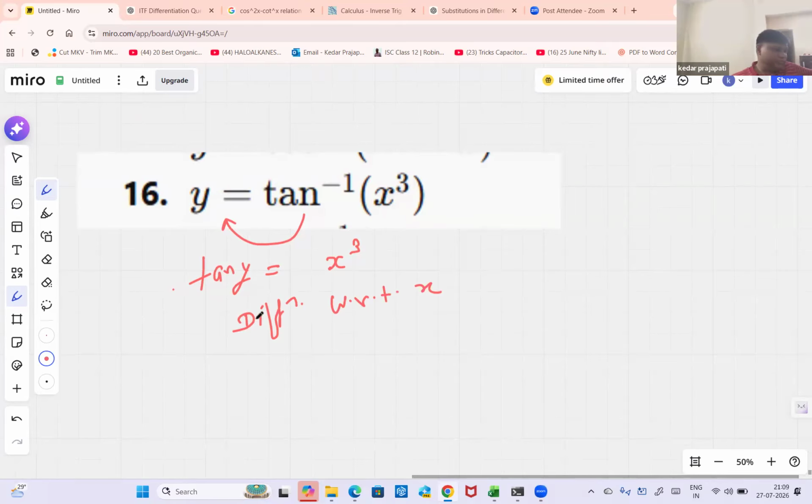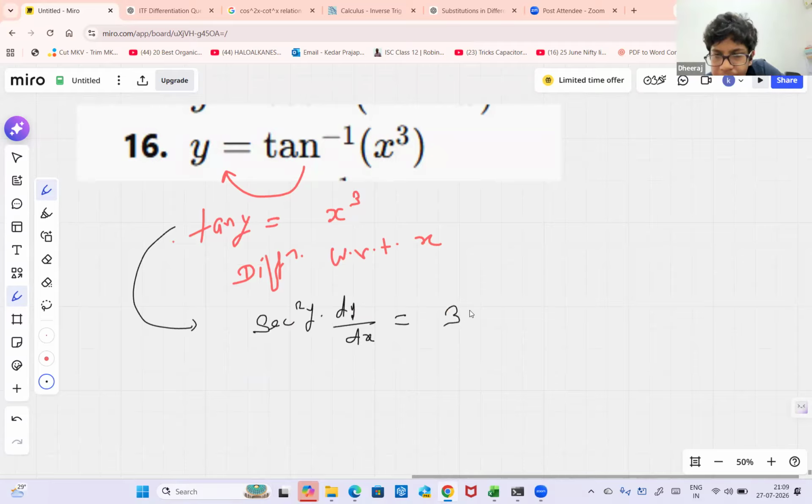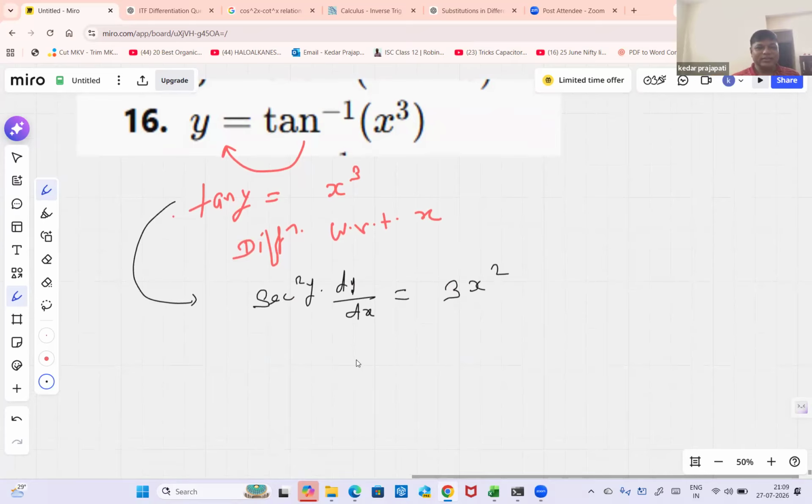So tan y will become, you just tell me, I'm not writing. Secant square y dy by dx is equal to 3x square. So dy by dx is equal to 3x square divided by secant square y.